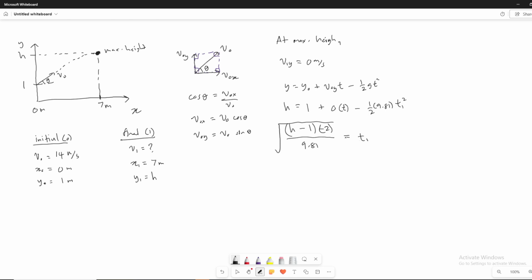Okay, let's keep this one. So t1 equals this, but we do not know what h is yet, so we don't know what t1 is.